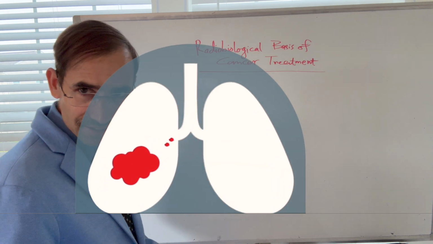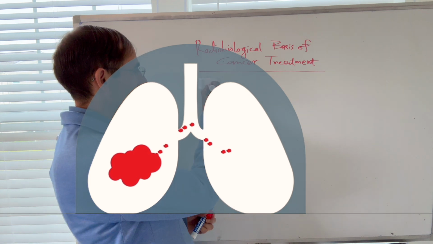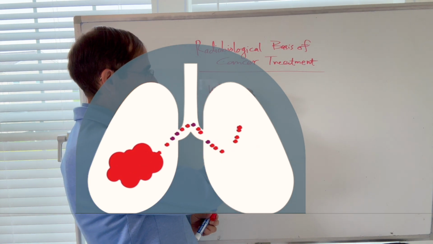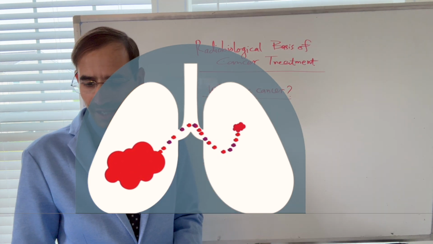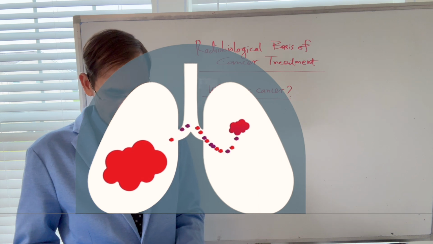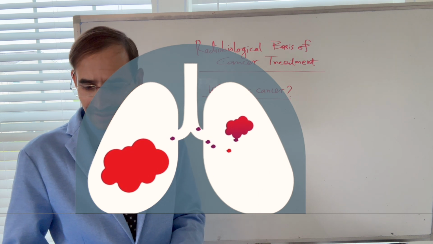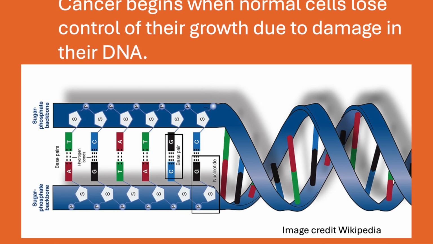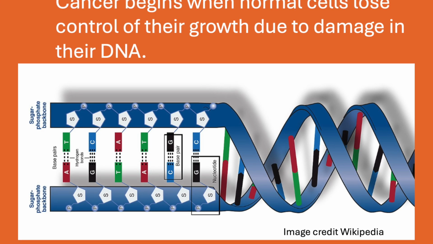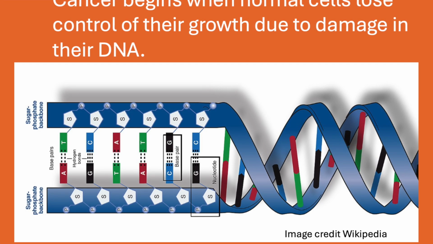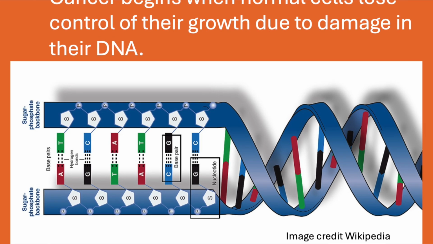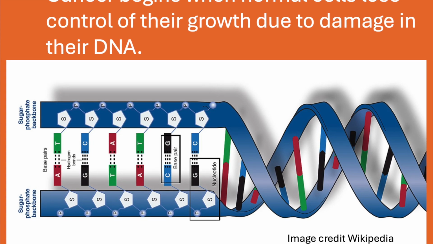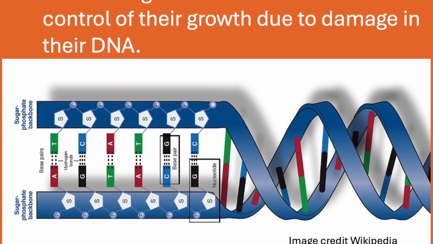First of all, what is cancer? That is a very important question. One key thing in all cancers is that cancer begins with normal cells, but when the normal cells lose control of their growth. Why do they lose control?